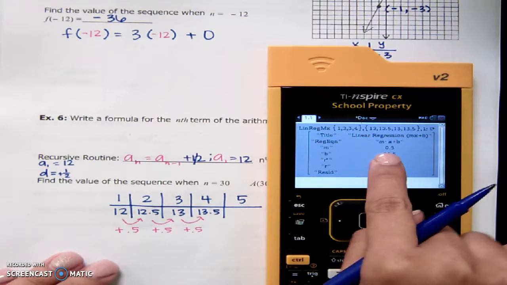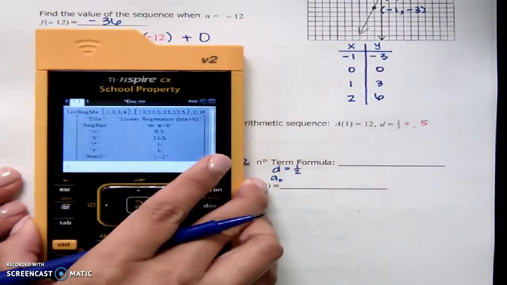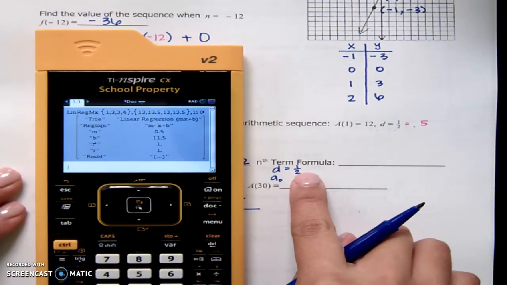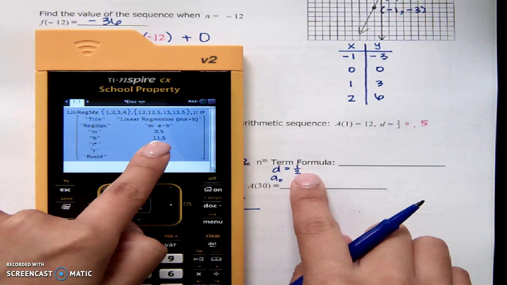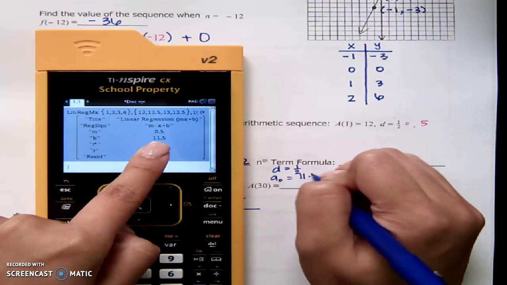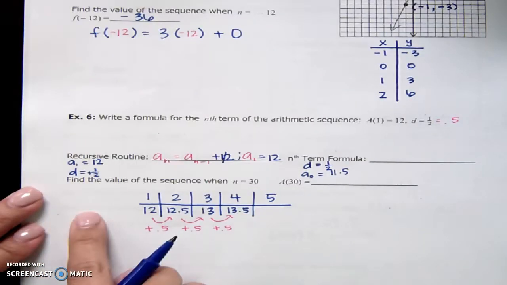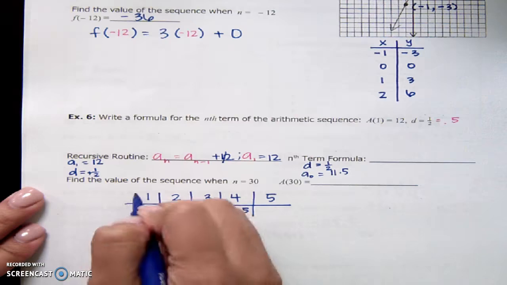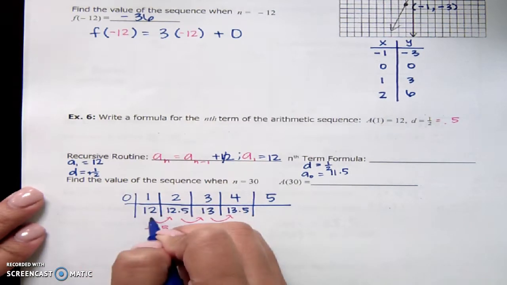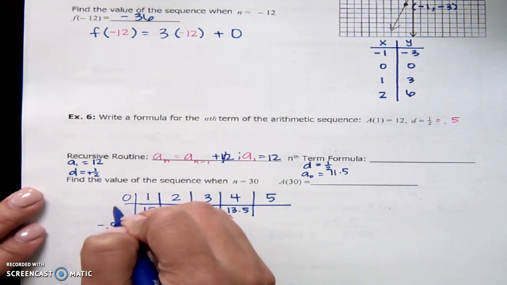My m is 0.5, which is the same as 1/2. But my b, which is my a sub 0, is 11.5. I could have also found that by going back 1. Because if I go back 1, that's 0. So instead of adding 0.5, I would do minus 0.5.